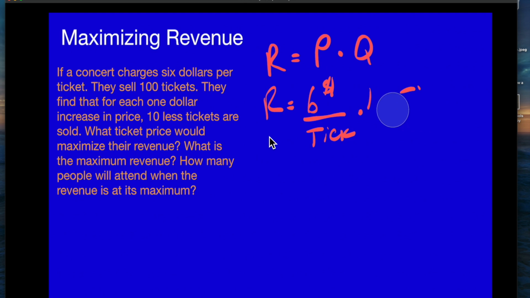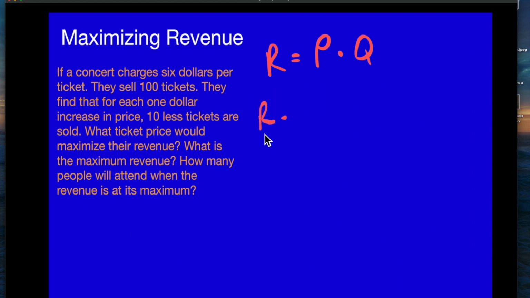But in this problem, they make some changes. And each time they make a change, we're going to see a different price and a different quantity sold. So we're going to let x equal the number of times they change the price.